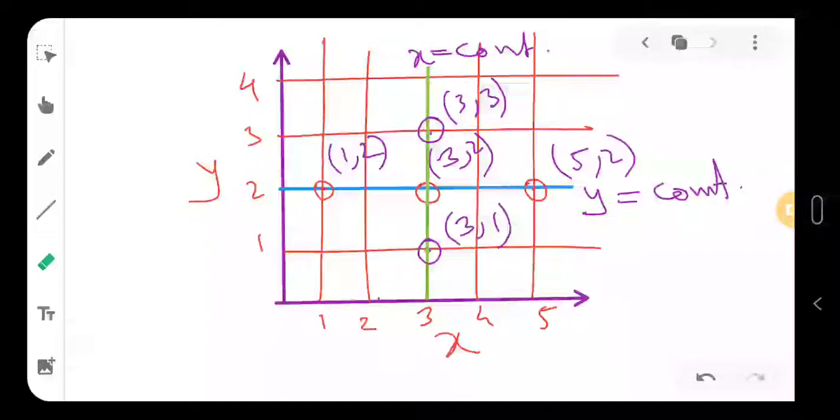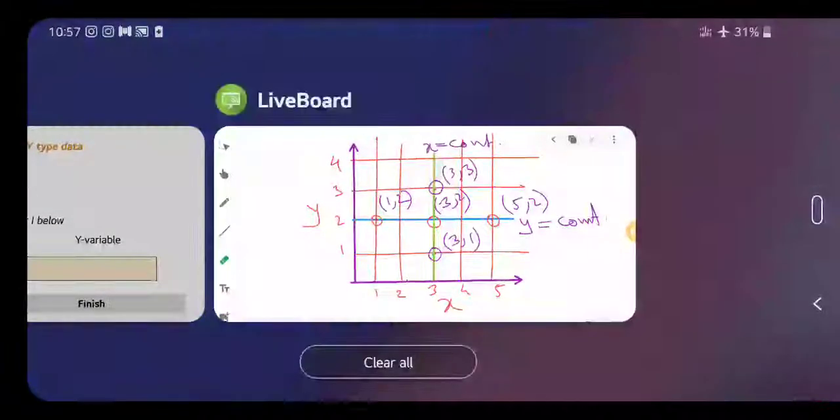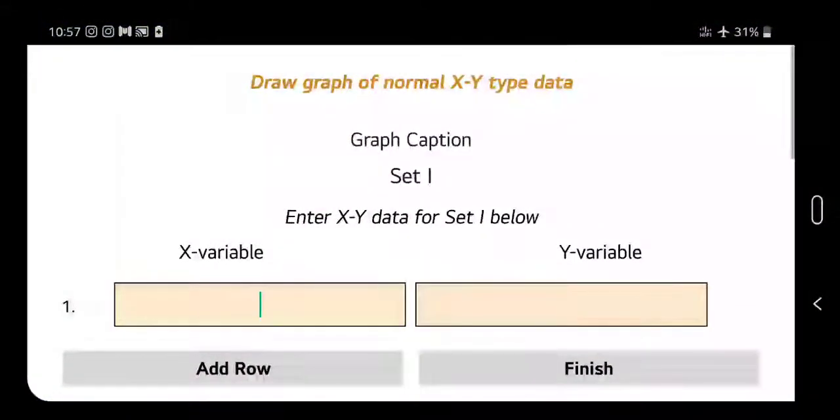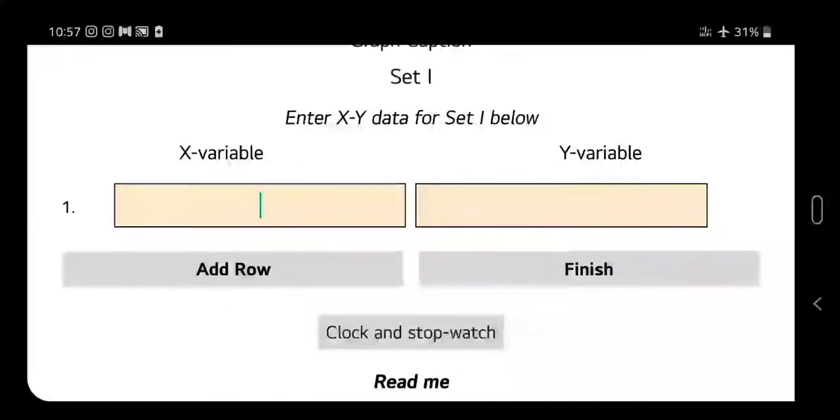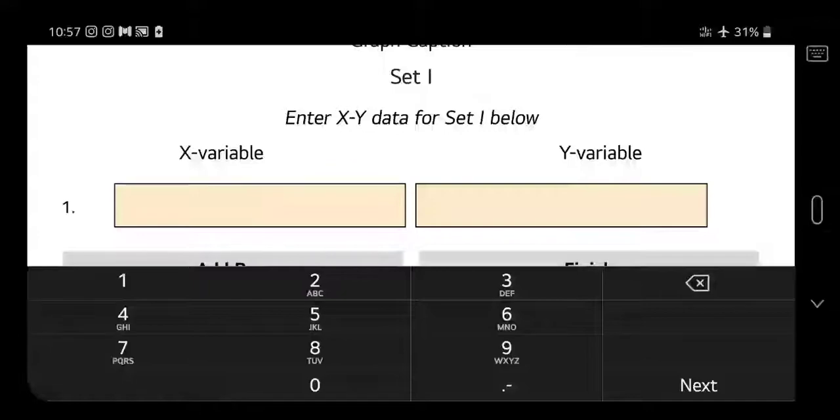Now let us see what a real graph looks like. This is something called a data plotter. You can give the data of the x variable and y.